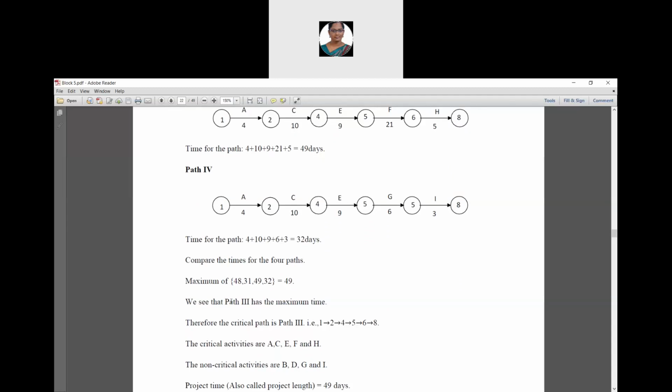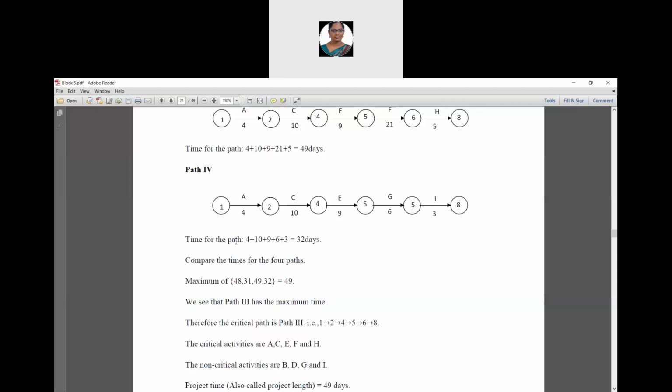1 to 2 has an activity A and its corresponding time duration value is 4, and 2 to 4 has an activity C, its time duration is 10, and 4 to 5 has an activity E and its corresponding time duration is 9, and 5 to 6 has an activity G and its corresponding time duration is 6, and 6 to 8 has an activity I and its corresponding time duration is 3.